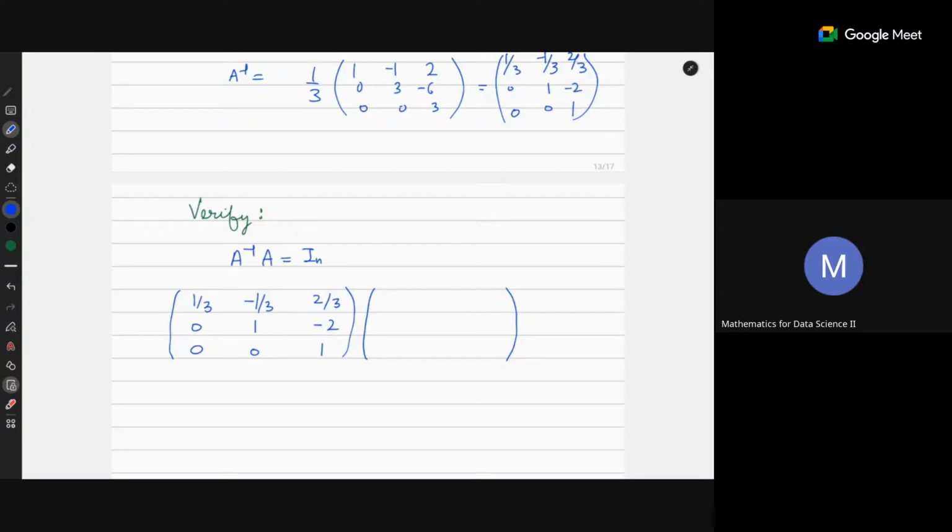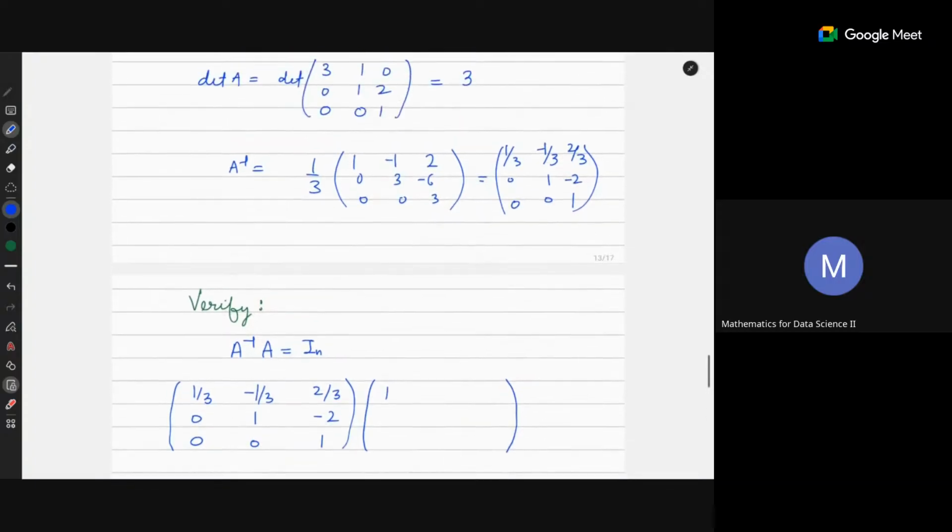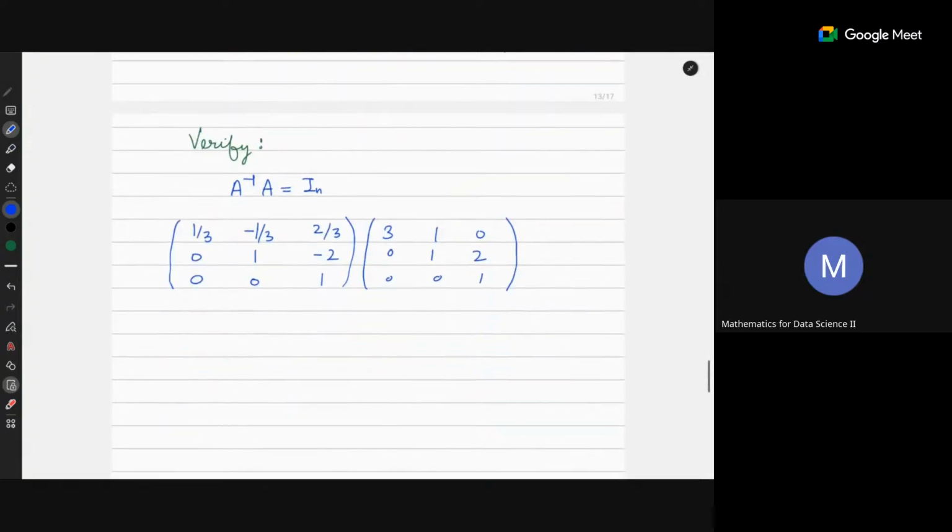Multiplying it with the original matrix, which was 3, 1, 0, 0, 1, 2, 0, 0, 1. So what will be the first entry?